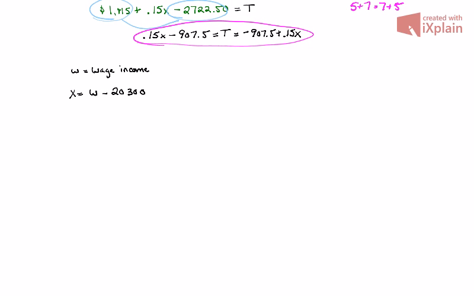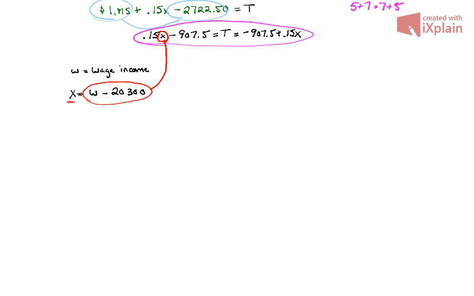equation that I have highlighted in pink here, and just really quickly note something. I'm going to use red here. If X is equal to this description, X is the same thing as W minus 20,300, look where this can go.